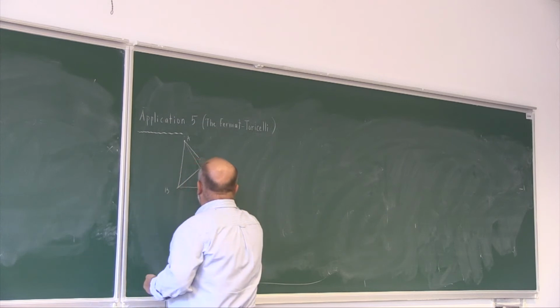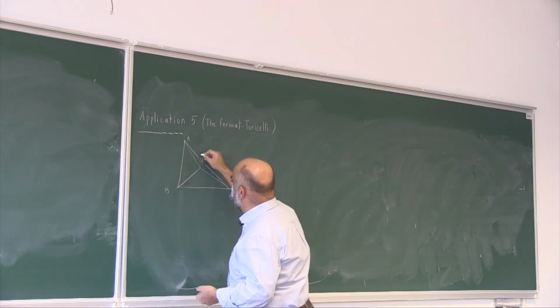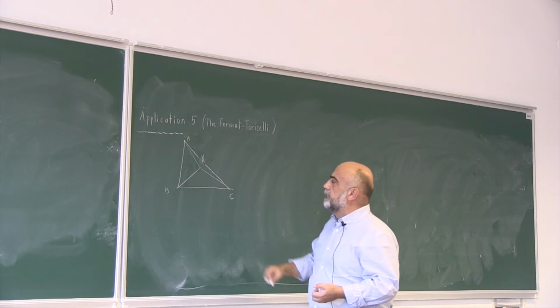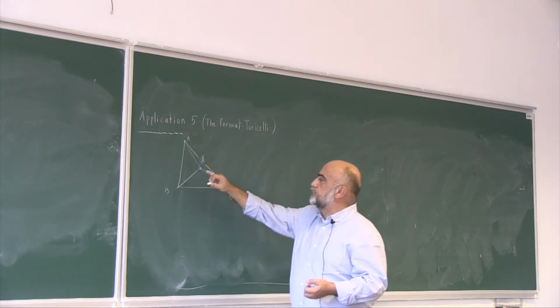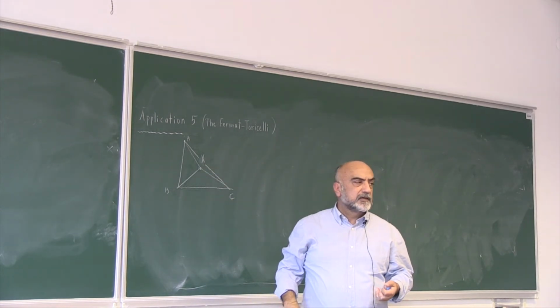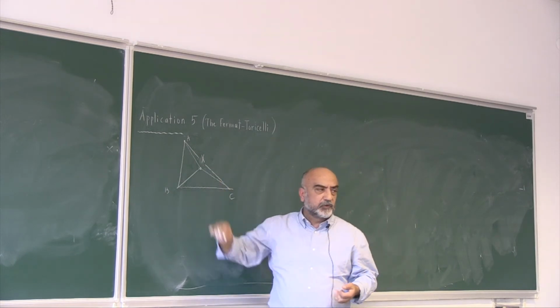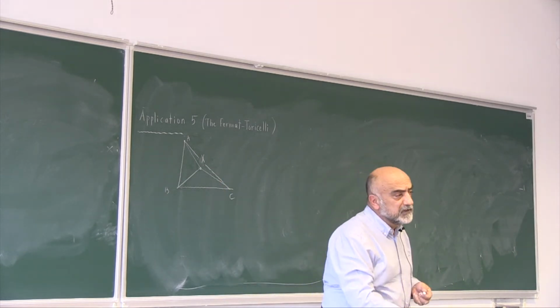And the question of Fermat was the following: where should I choose the point X so that the sum of these three lengths is a minimum?